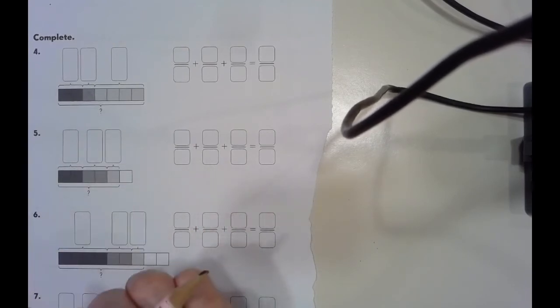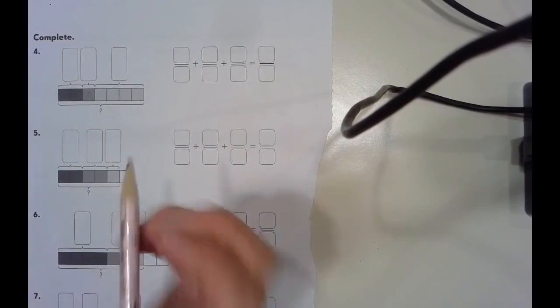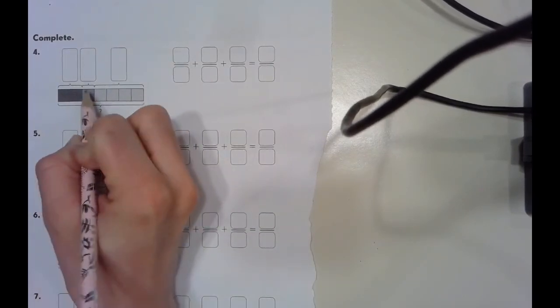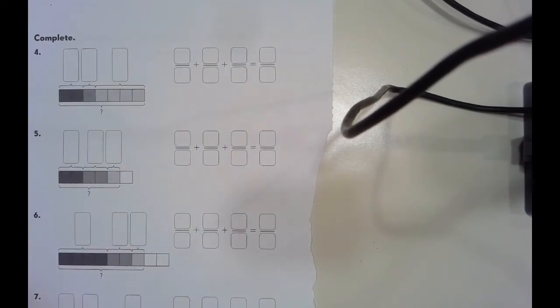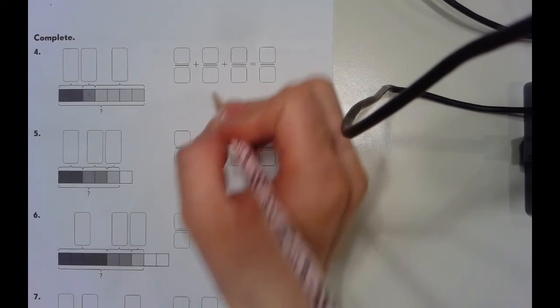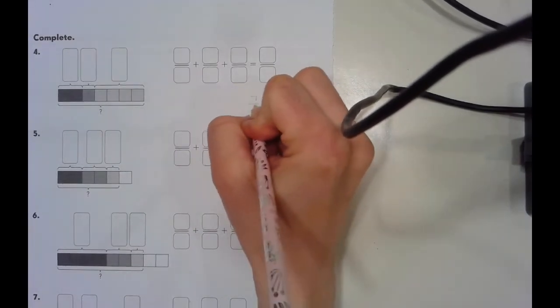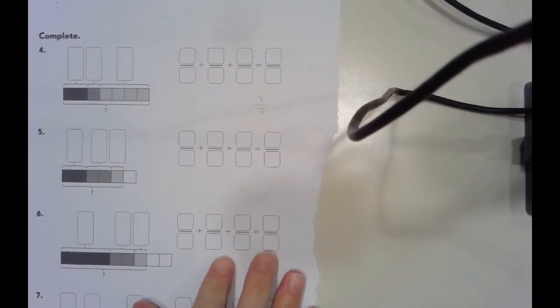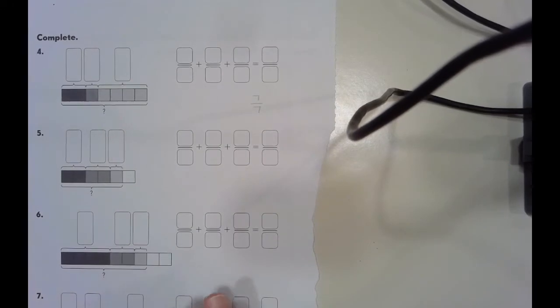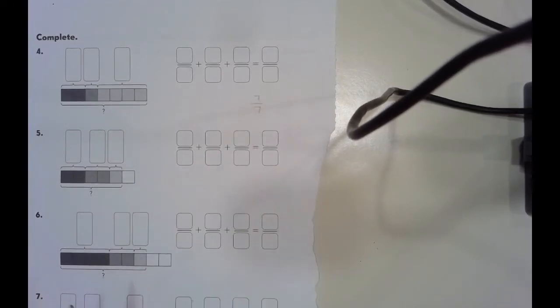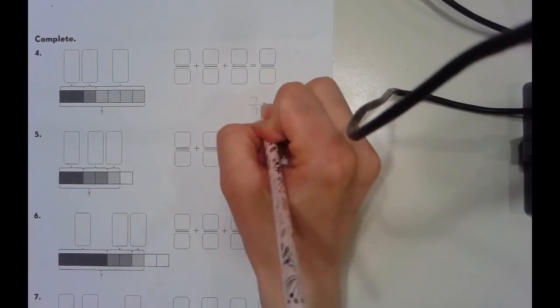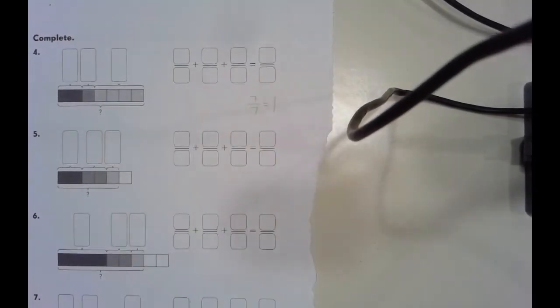So, for example, if the candy bar is broken up into 1, 2, 3, 4, 5, 6, 7 pieces altogether, and the whole thing gets eaten, that would mean that 7/7 of the candy bar have been eaten, because the whole candy bar has been eaten. There are 7 pieces and all 7 have been eaten. 7/7 would equal 1 whole.